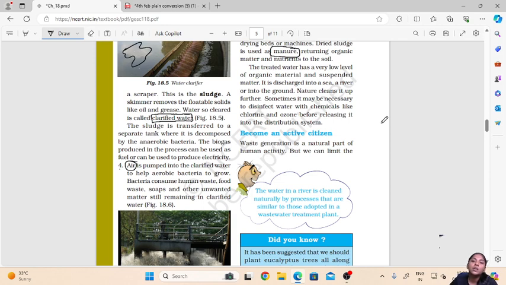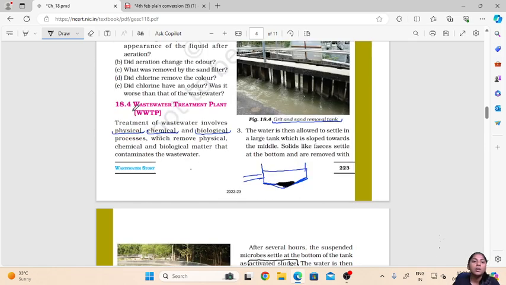Sometimes it may be necessary to disinfect the water, and for disinfecting this water, chlorine and ozone are used. So chlorine and ozone are used to further disinfect the clarified water before releasing it into the sea or river or into the distribution system.